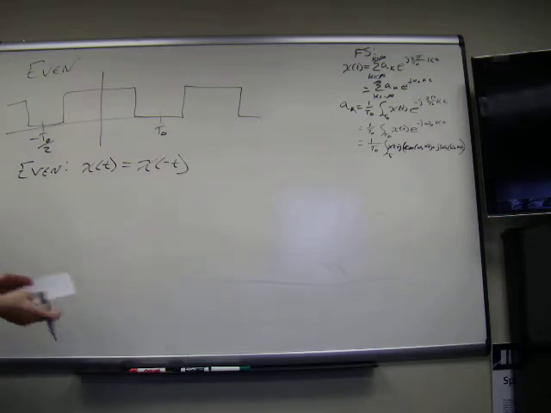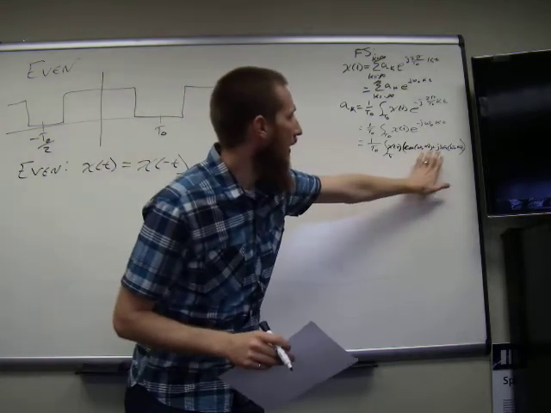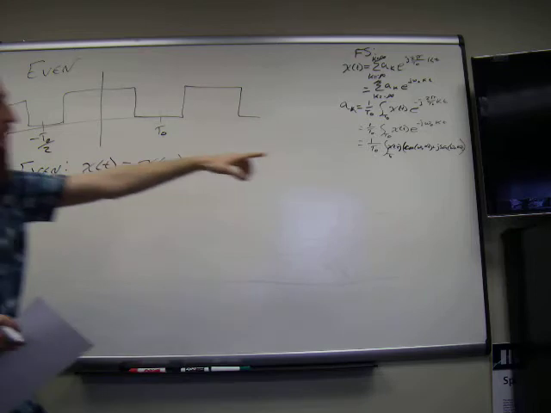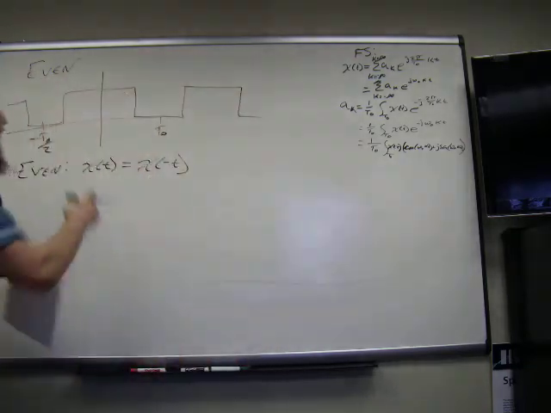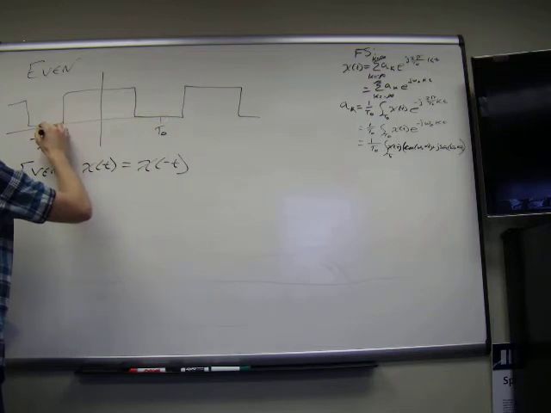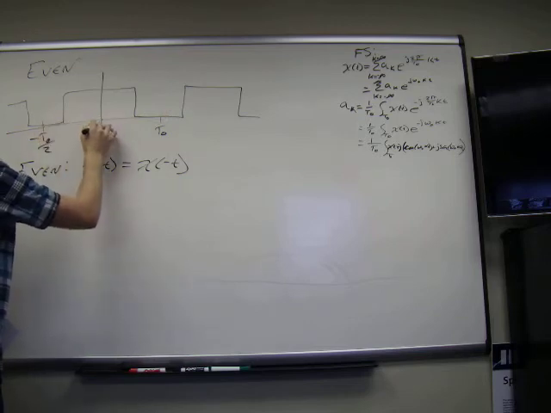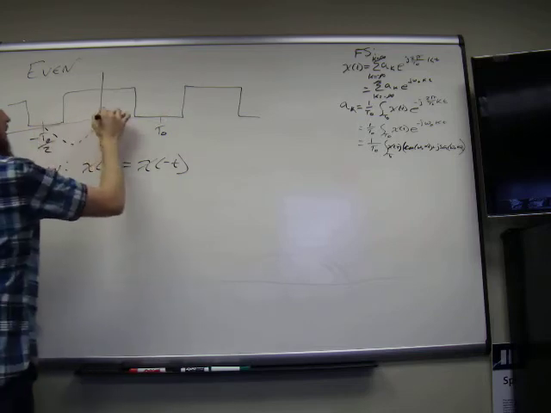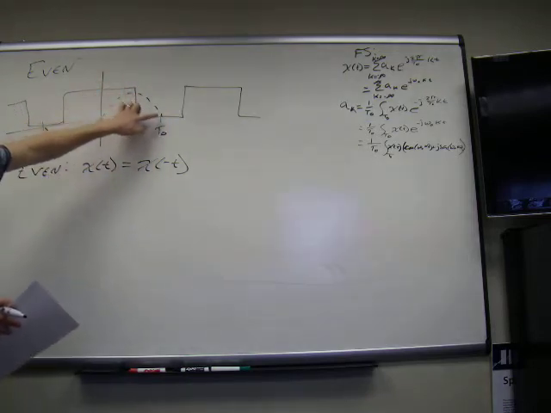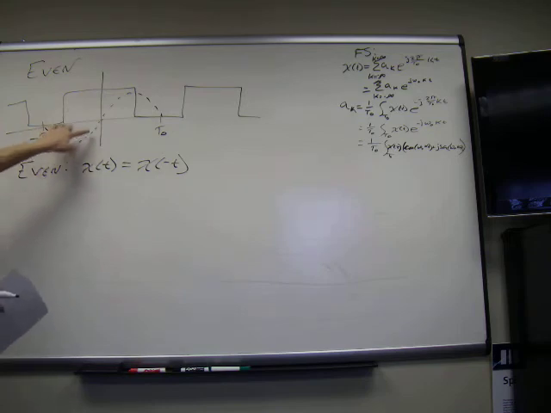But we can look at this same thing and say, if this is now the sine term, it's the sine that passes through here and runs like this. And we can see that for every value on this side, there's a corresponding negative value on this side of the product of those two.